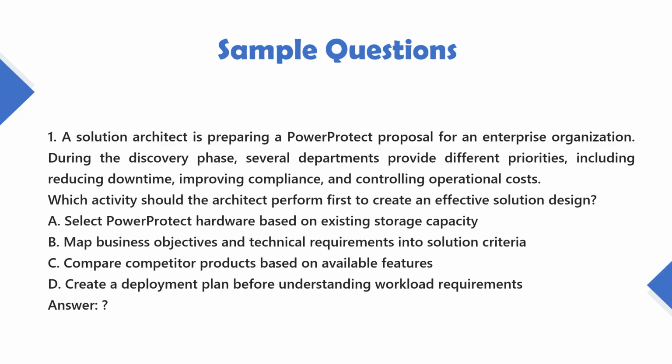A. Select PowerProtect hardware based on existing storage capacity. B. Map business objectives and technical requirements into solution criteria. C. Compare competitor products based on available features. D. Create a deployment plan before understanding workload requirements.